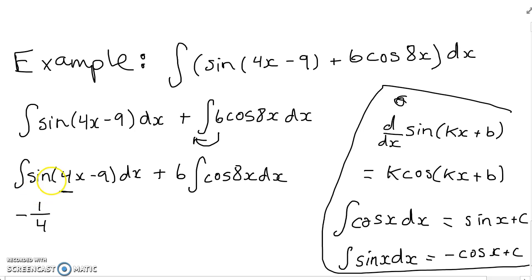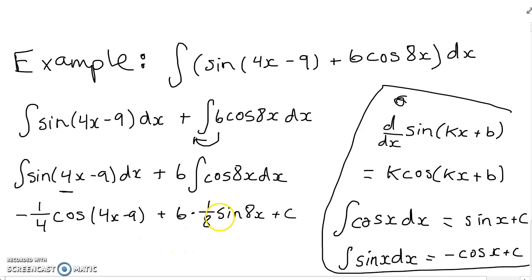The antiderivative of sine is negative cos, so it's negative in front of the 1/4, cos, and then what we had inside, 4x minus 9. Then plus the integral of cos 8x, which is 1 over 8 sine, multiplied by 6. So 6 times 1 over 8 sine 8x, and then plus c.